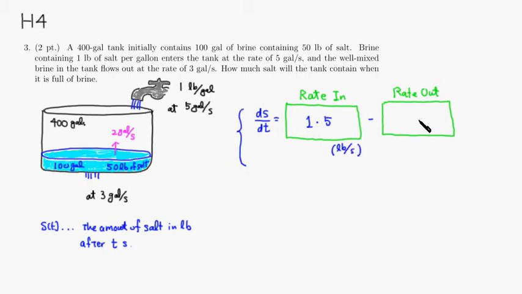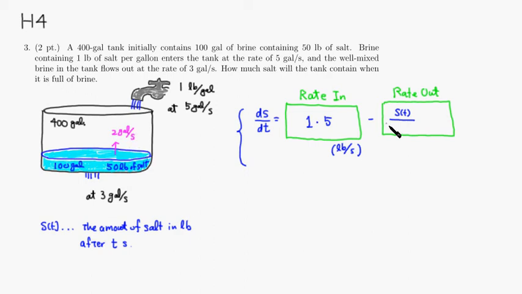All right, rate out. We have to find out the concentration. We know that after t seconds, we're going to have S of t pounds of salt. You're starting out with 100 gallons of brine, and it's increasing at the rate of 2 gallons per second.